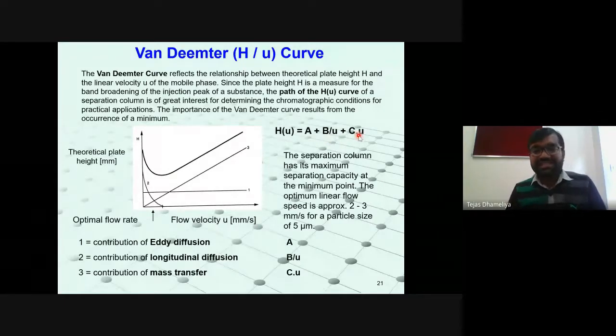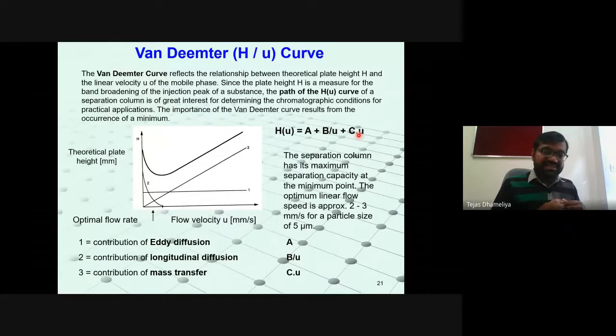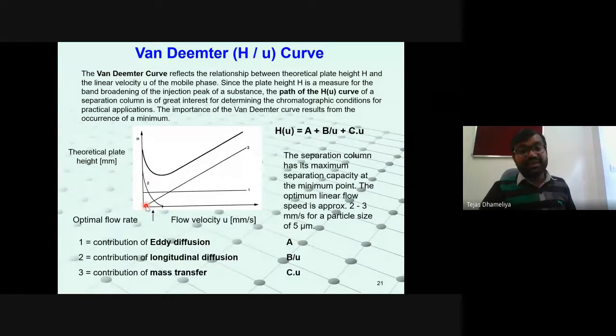The third, mass transfer factor, as we know, is a kind of kinetic or dynamic movement, where if the velocity increases, then the height equivalent to theoretical plate of the mobile phase also increases. So this number 3 is in a linear fashion, continuously moving.